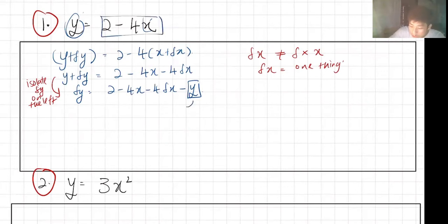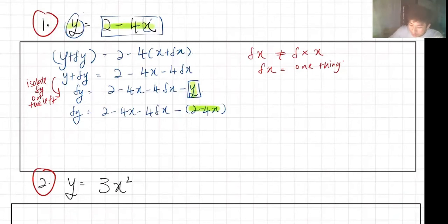So we can replace this y with 2 minus 4x. So delta y is equal to 2 minus 4x minus 4 delta x minus y. What is y? 2 minus 4x. How do I know? It's from this thing, because y equals this. So I can put it inside here.